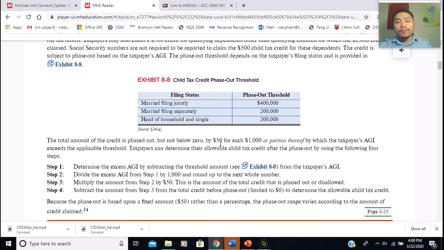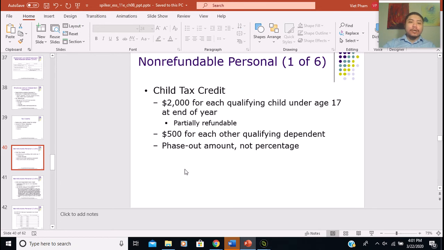The phase out amount is going to be $50 times 10, because it's $50 for each $1,000. So 50 times 10 is going to be $500. So that means the child tax credit is going to be reduced by $500. Right. So that's just an example. Let's get back to our slides.